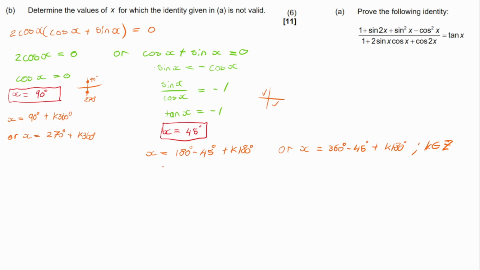What I forgot to do is put this in our calculator, and we find that it's 135 degrees plus k180, or x is equal to 315 degrees plus k180 degrees. So again, we don't need to give a specific solution because they don't ask for one. There's no interval, so we can leave our answer like this.